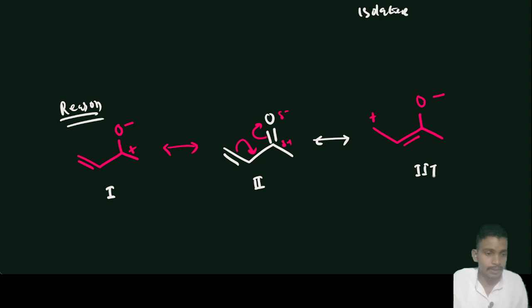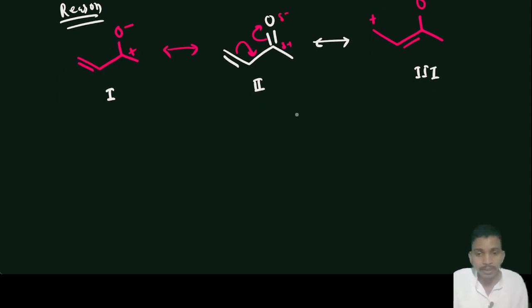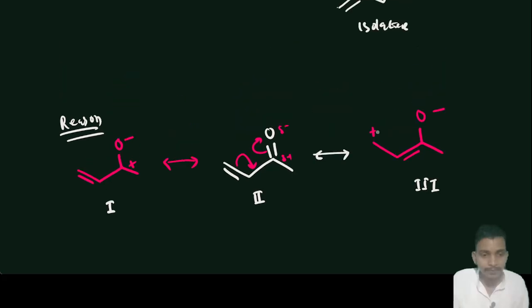So in these three conjugating structures, the positive and negative charge is present either here and here, and in this case here and here.